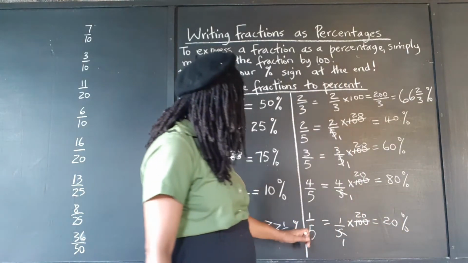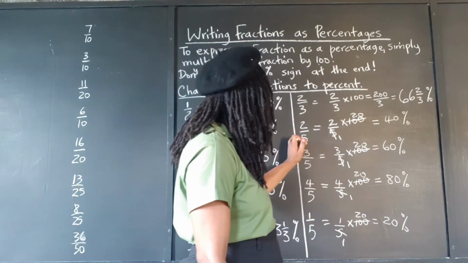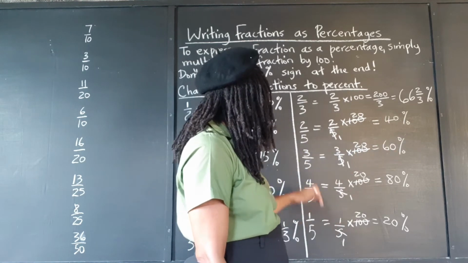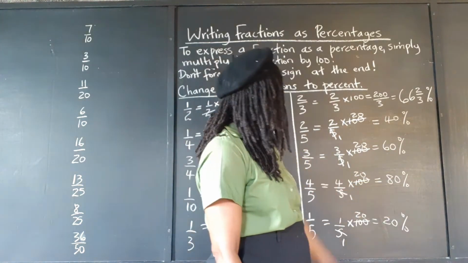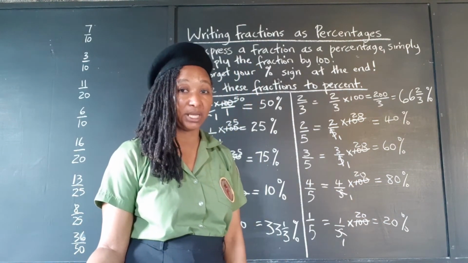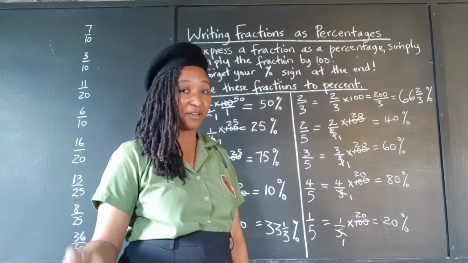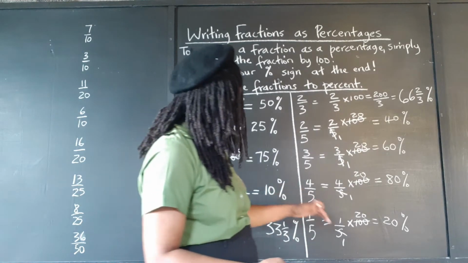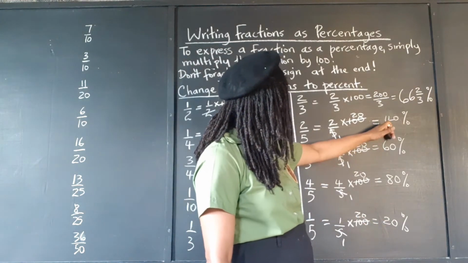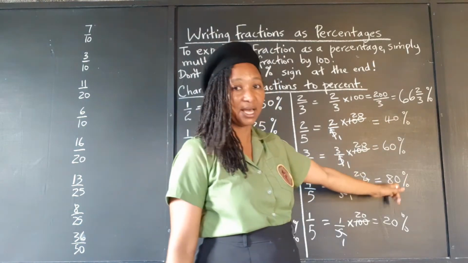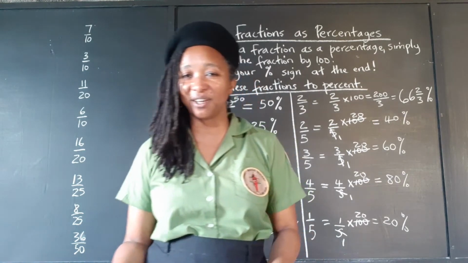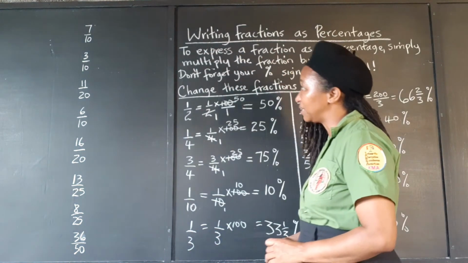Okay? 1/5, 20%. 2/5, 40%. 3/5 is 60%. 4/5, 80%. And 5/5, 1 whole, 100%. So I look at the pattern: 20, 40, 60, 80, and 5/5 would be 100%, right? That's the beauty of math. That's the beauty of numbers, guys.